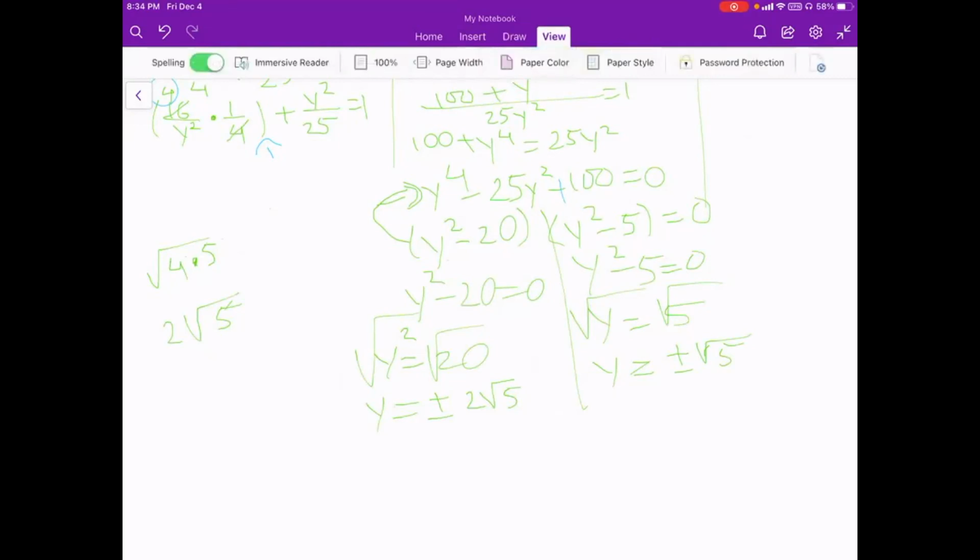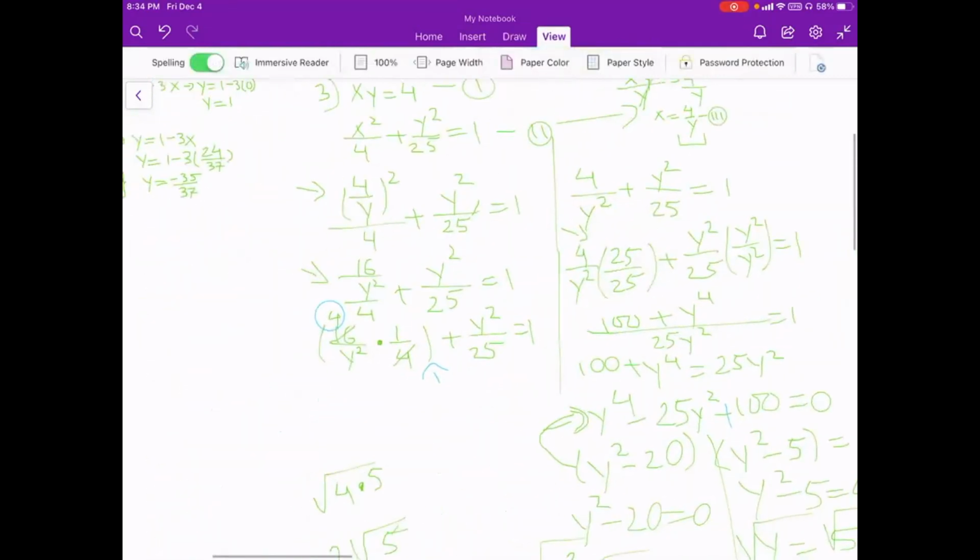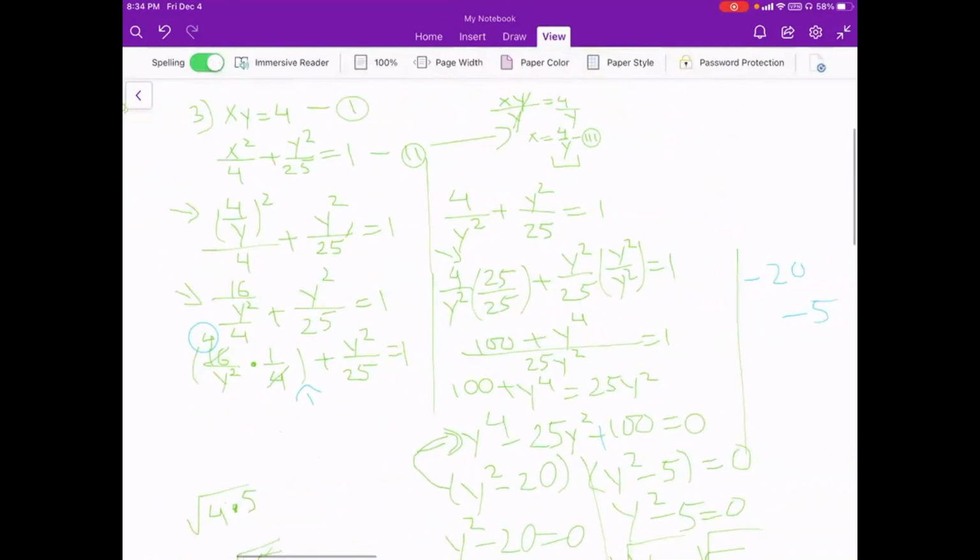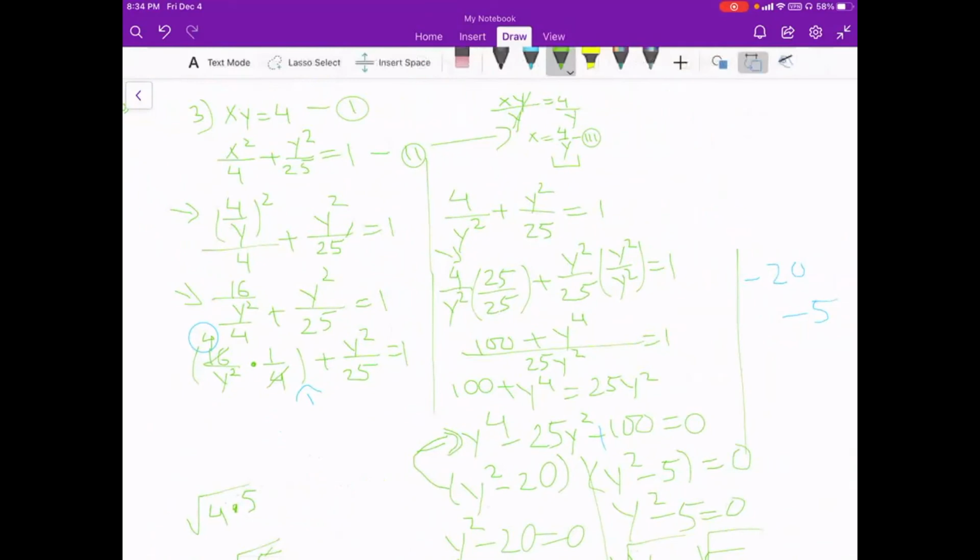Now we have to go ahead and pick our equation. I'm going to pick the first equation right here, just because it's simpler than the second one. It's x times y is equal to 4.